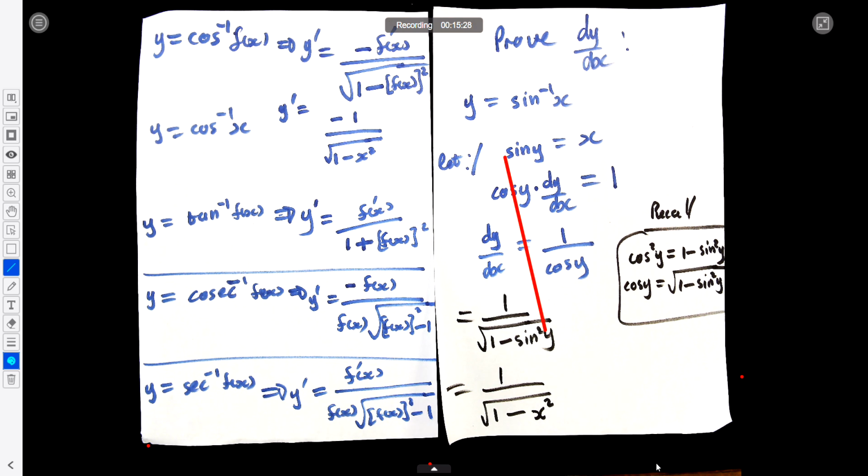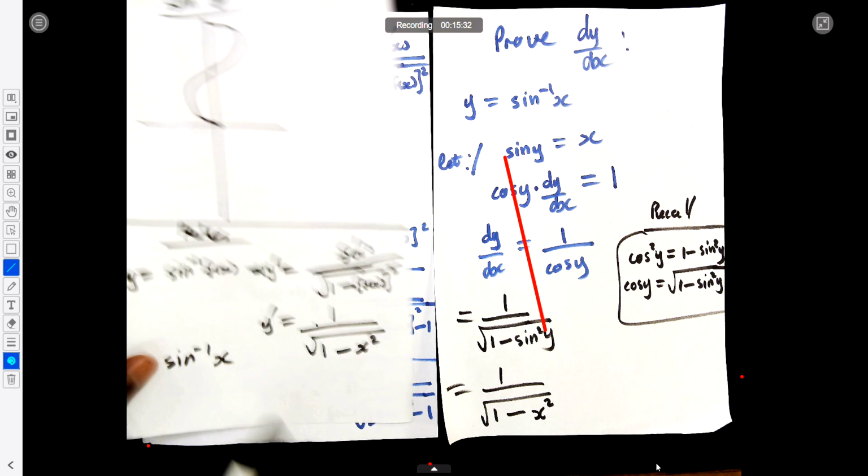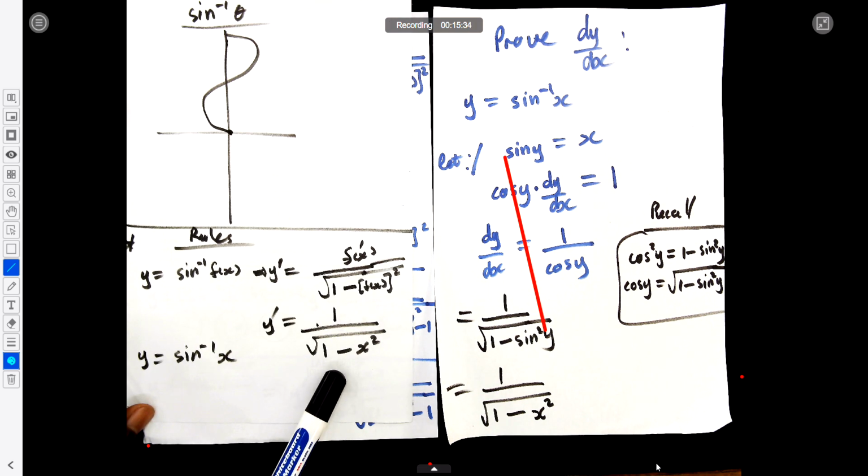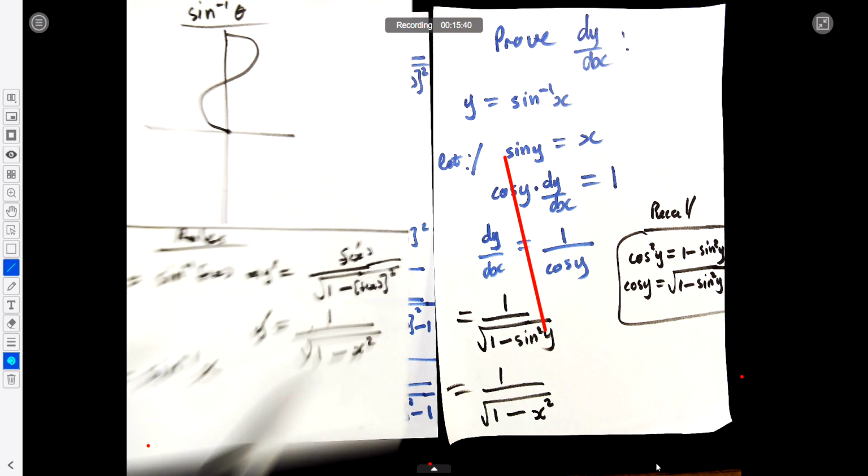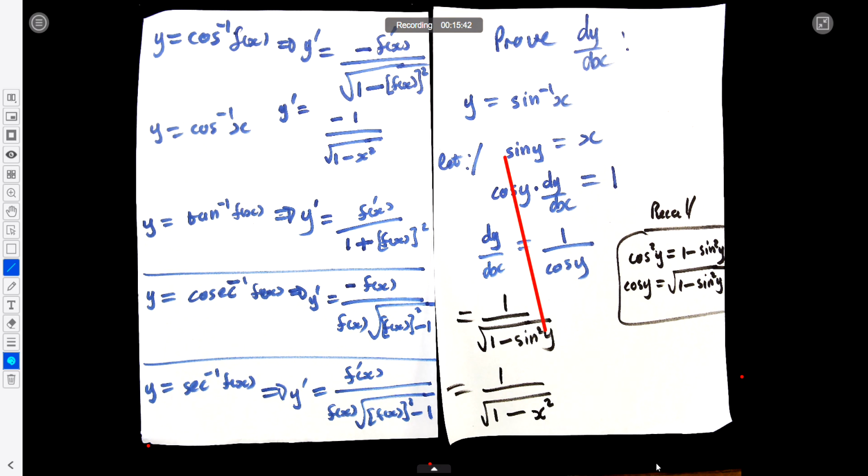The derivative of arc sine x is 1 over root 1 minus x squared. So that's what we were trying to prove. We need to recall square identities.